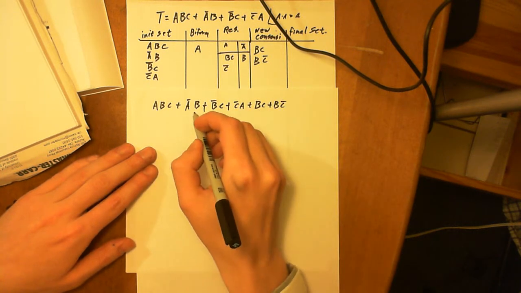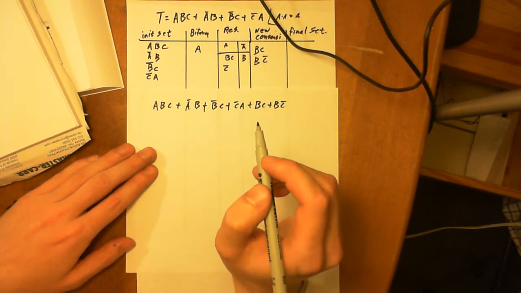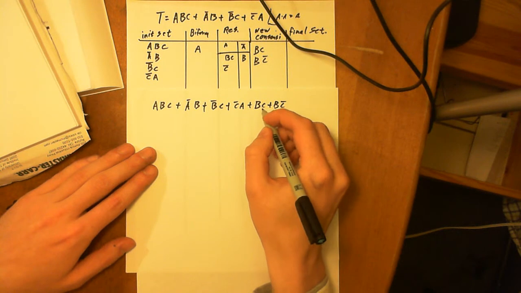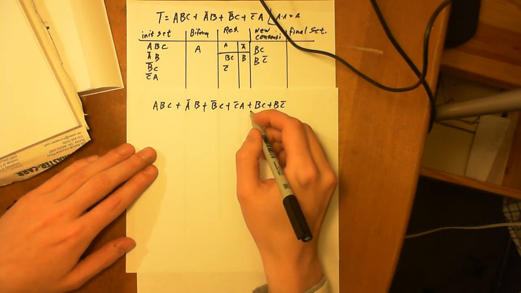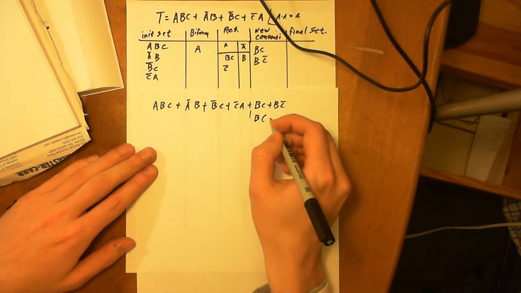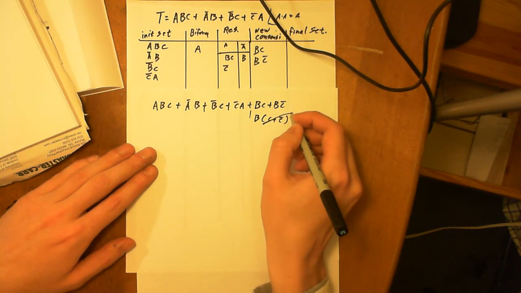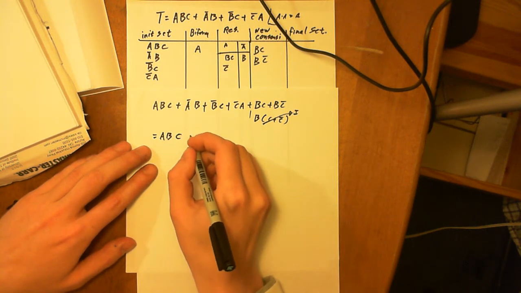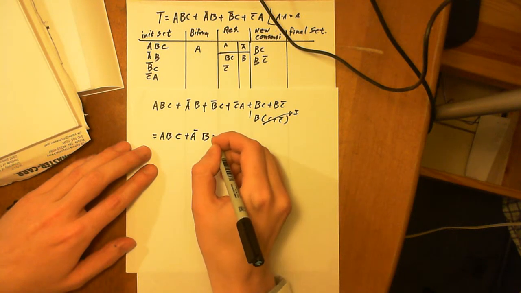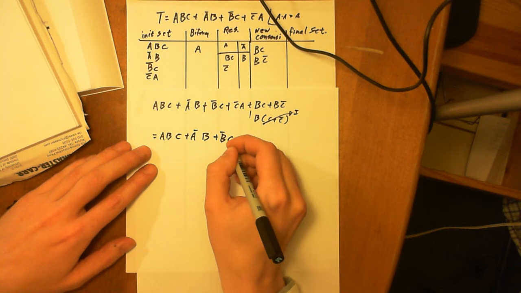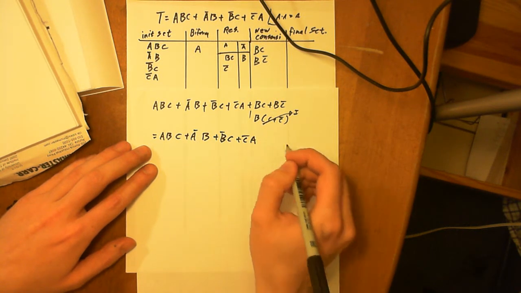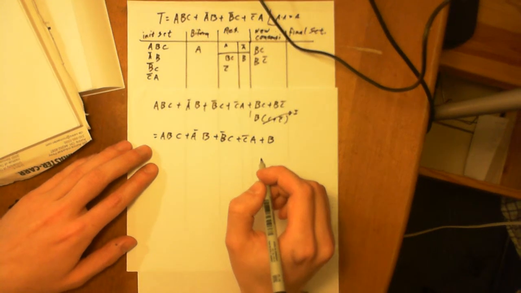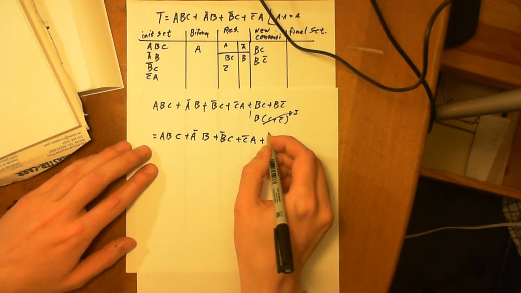So we have our final set, but we need to simplify this first, right? And this is fairly straightforward to do. This BC plus BC bar works out to, we can factor out the B and get C plus C bar. That's just going to be identity. So now we have A, B, C plus so on. Now we can move this B term over here.